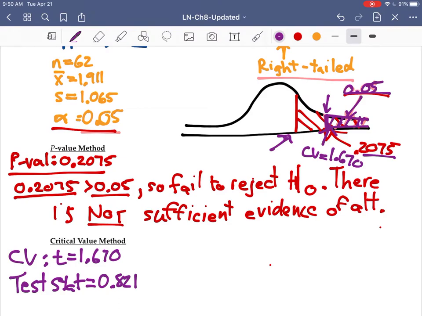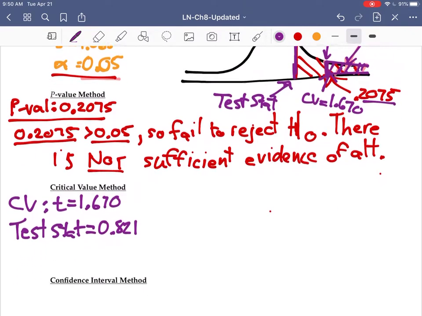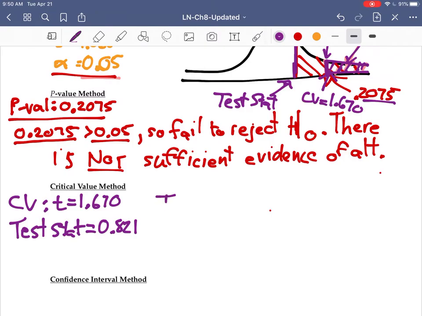So if we compare test statistic and critical value, because that test statistic does not exceed the critical value, it's not larger, we are not in the region of rejection. Our test statistic is less than the critical value, and so again, we fail to reject the null.